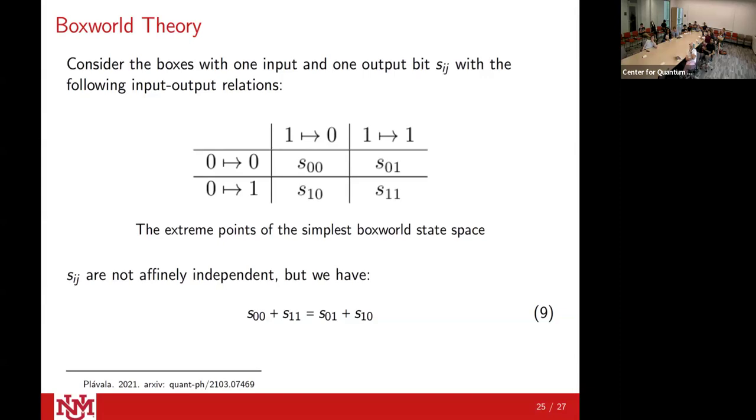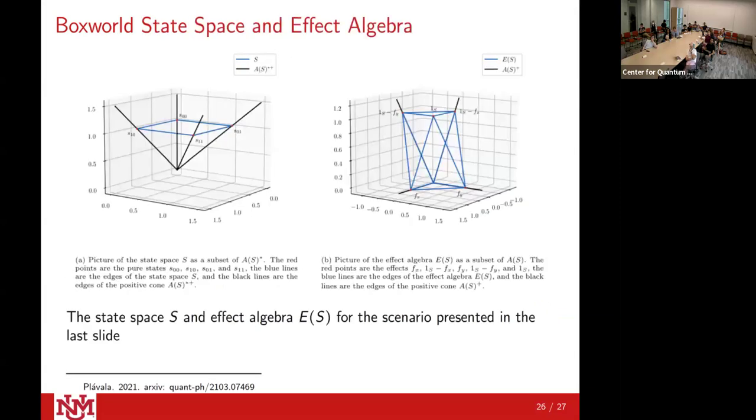And that gives you this three-dimensional state space. And then the functions you apply here are just inputting into the boxes. So it gives you these over here: here's inputting 1, here's inputting 0.